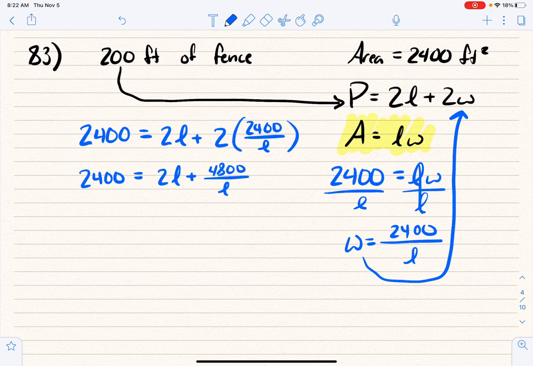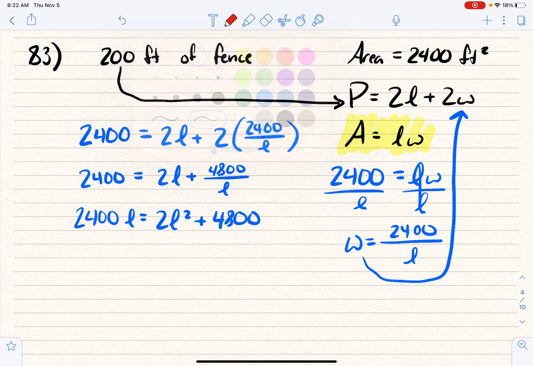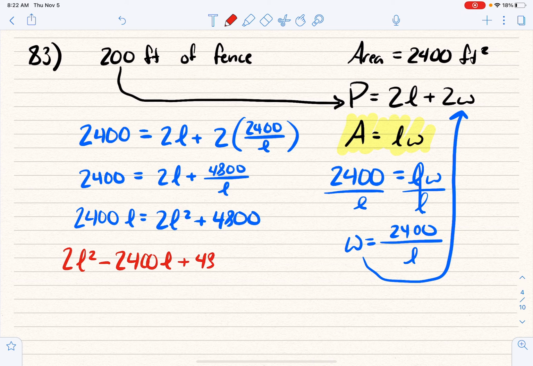But to make this a quadratic, I'd multiply everything by L. And if I multiply everything by L, I'd get 200L equals 2L squared plus 4,800. Now the fraction goes away, and this looks a whole lot better. At this point, move everything to one side, and I could say it's 2L squared, and then I'm going to subtract the 200L from both sides, plus the 4,800 equals 0.